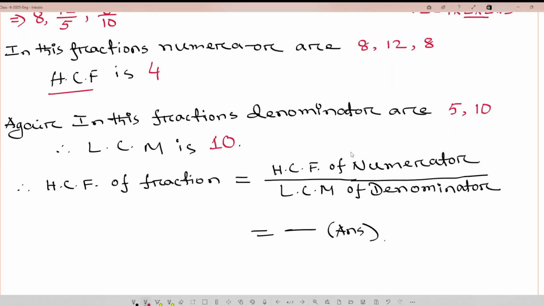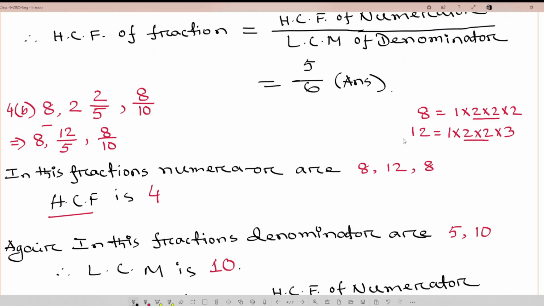Now what is the answer? The HCF of the numerators is 4 and the LCM of the denominators is 10. So 4 by 10. If you want, you can simplify more by dividing by 2, so we get 2 by 5. So our answer is 2 by 5.